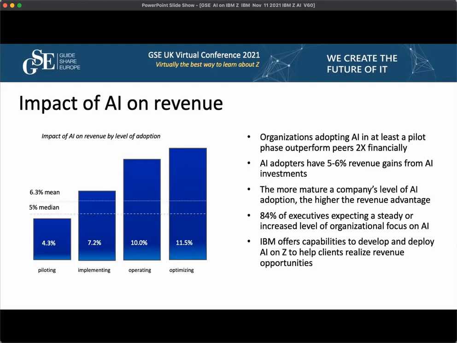Those that were advanced AI adopters have seen the most increase in revenue gains and improvement in business process efficiencies due to AI. So again, just a couple of examples, first of the impact of AI across different industries, but also the impact that AI can have on the revenue of enterprises.